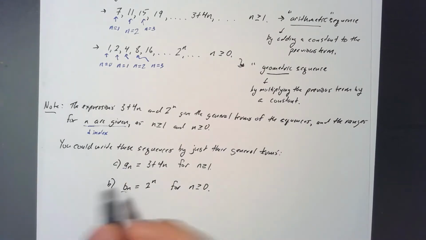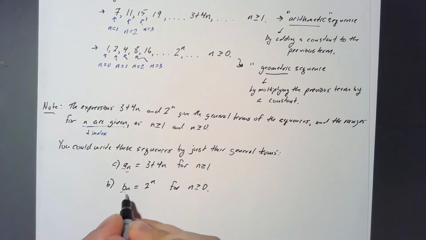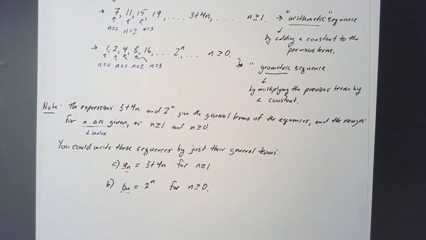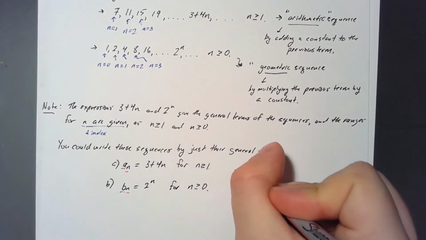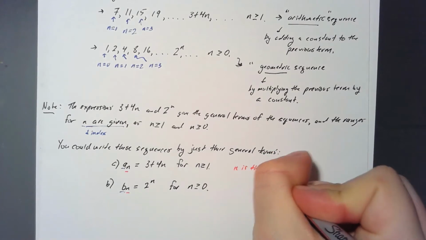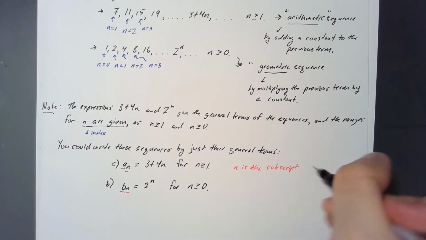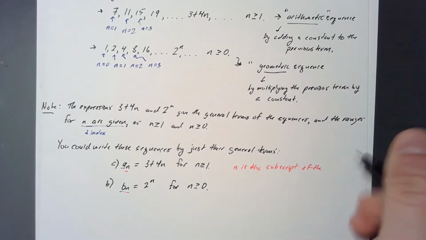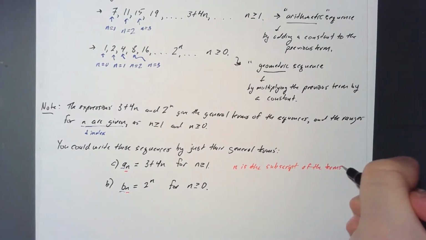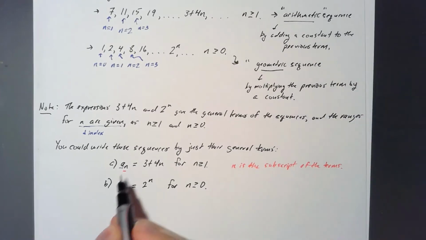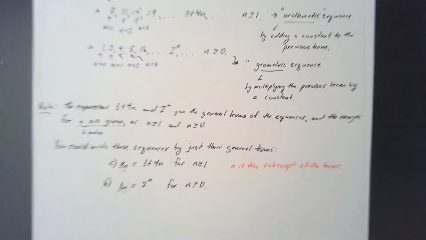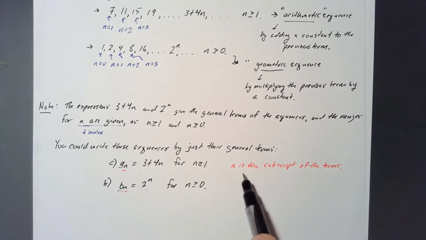However, the subscript n is important. N is the subscript of the terms, and A and B are just the dummy variables. N keeps track of the number of terms in a given sequence.